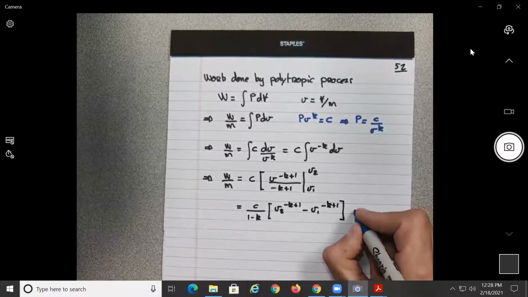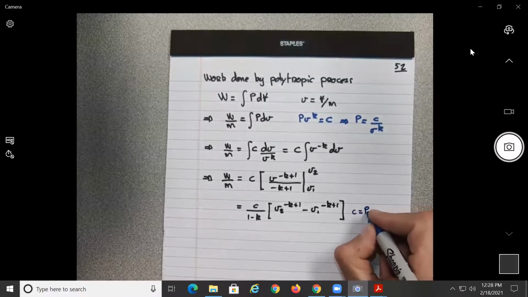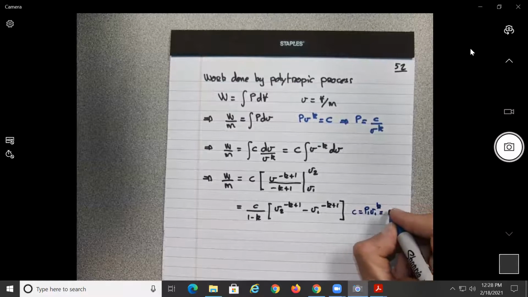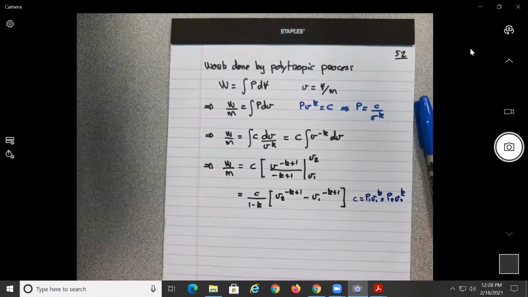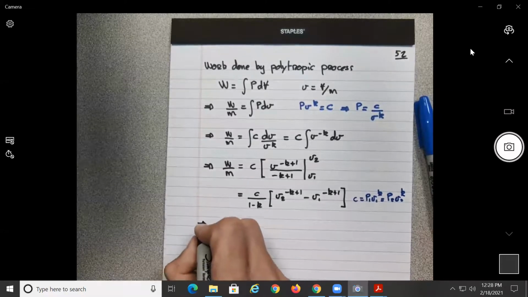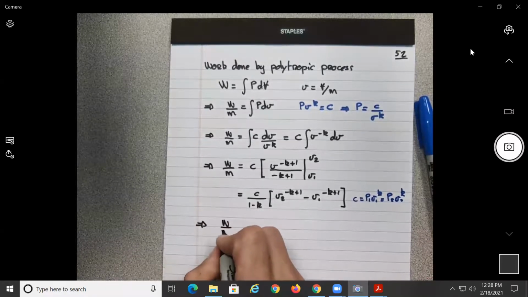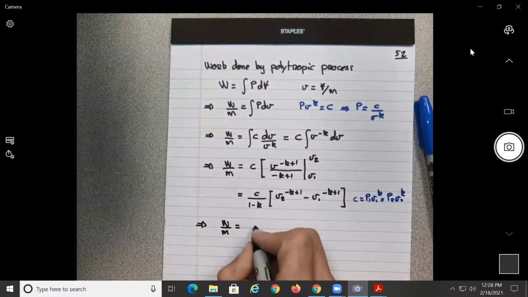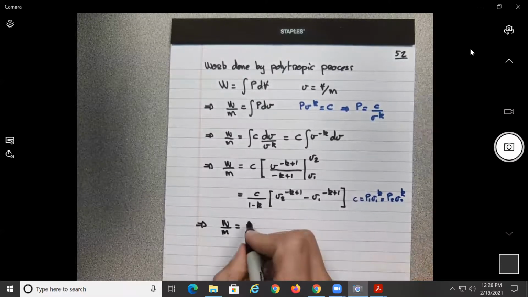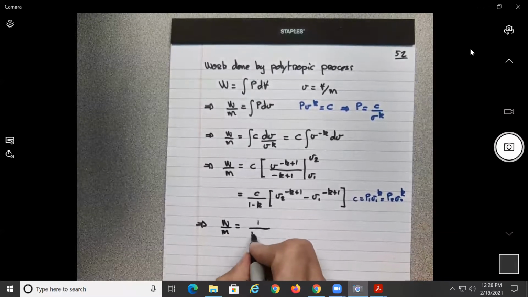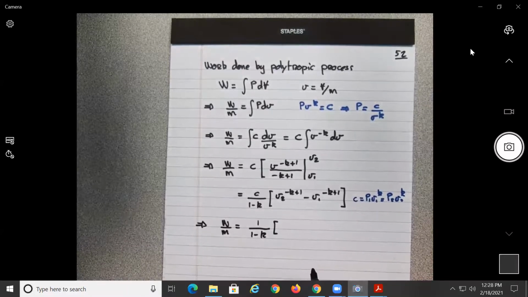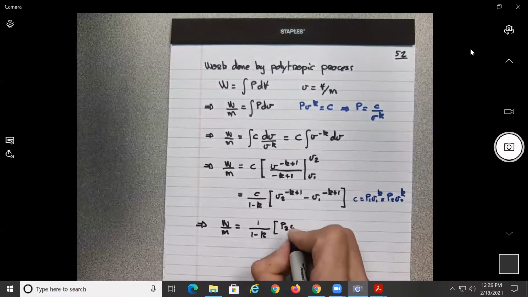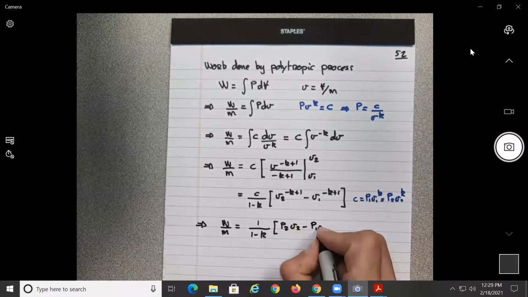Knowing that C can be either equal to P1 V1 to the K or P2 V2 to the K, I mean, we derived this expression multiple times. That gives you that work over mass will be equal to 1 over 1 minus K, times (P2 V2 minus P1 V1).